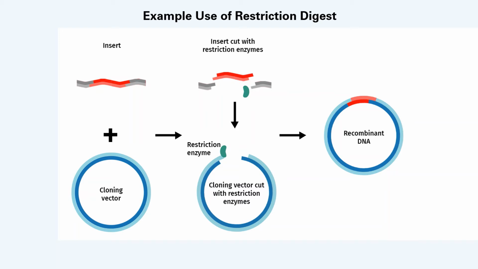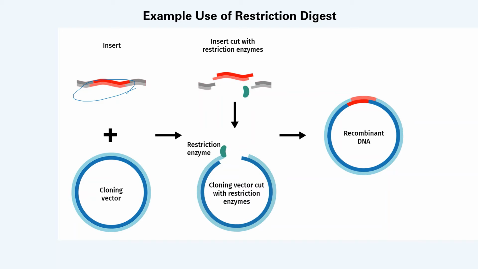Now, why do we need to cut the DNA using a restriction enzyme? Well, there are a million reasons why we need to do that, but this slide shows you one of the reasons that we are using in our lab, and that's cloning basically. So you have a gene of interest, and it could be any gene, say insulin or GFP, green fluorescent protein from jellyfish, that you will be using in your lab.